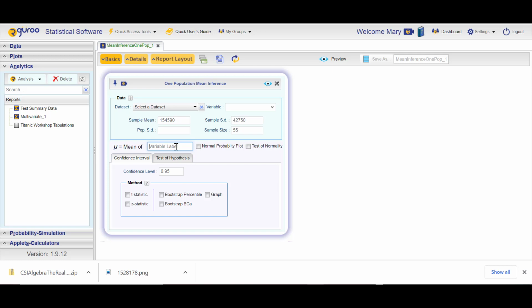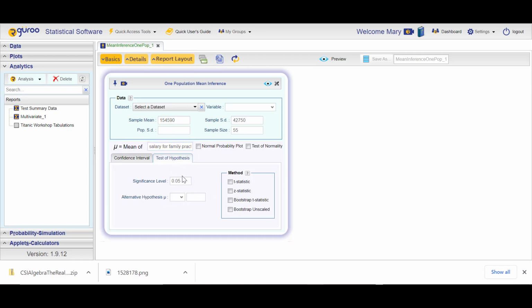Notice we didn't put anything into population standard deviation. We left that blank. We're testing the mean salary. Oops, I misspelled salary. Salary for family practitioners in Missouri. That's what we're testing.